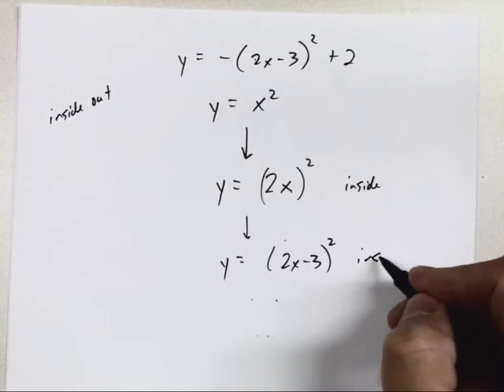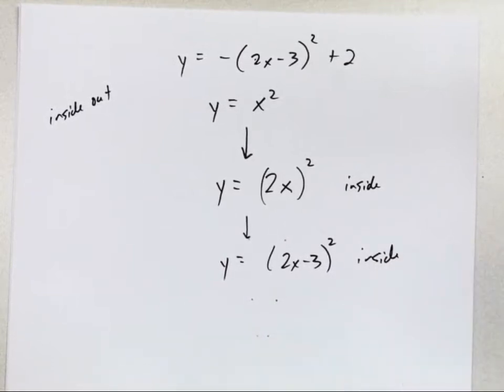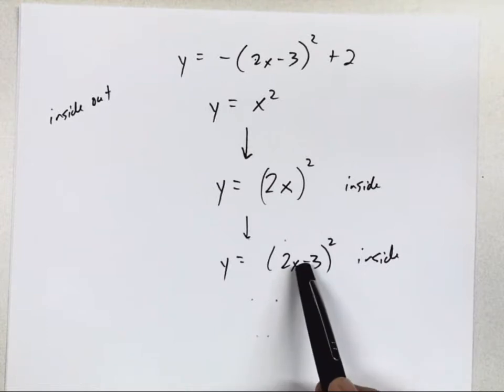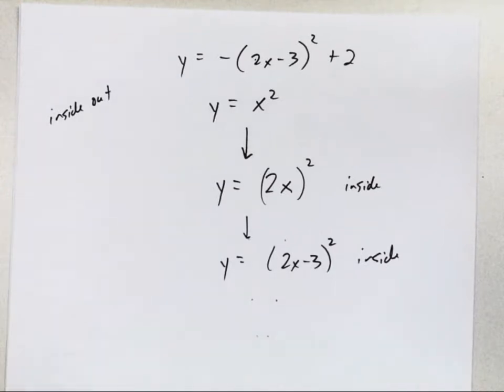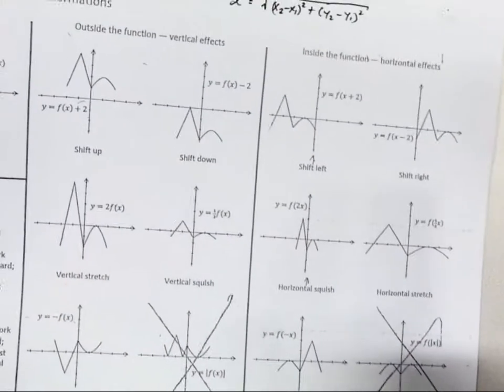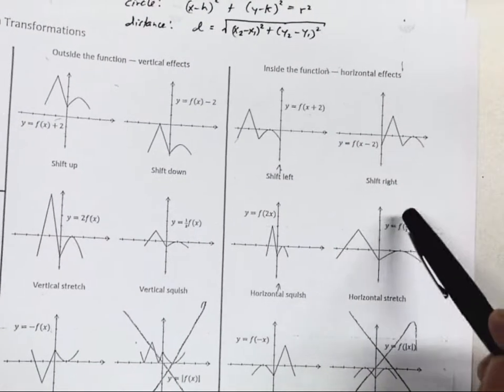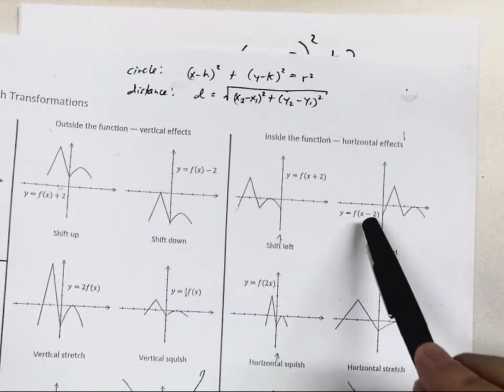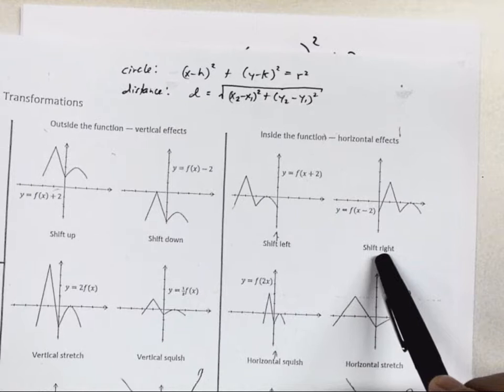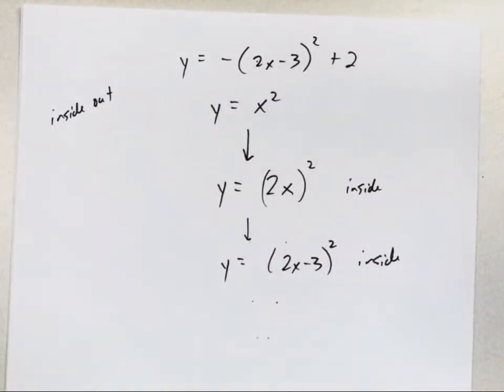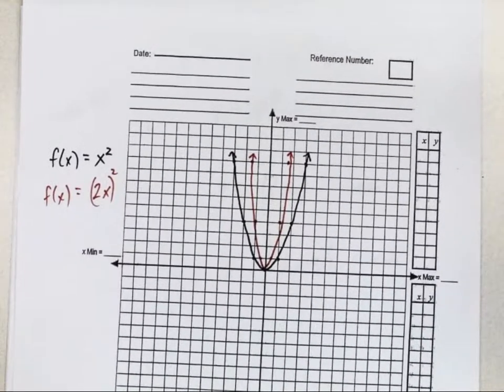So once again, this is an inside the function action, and I'm subtracting 3. So if I go to my cheat sheet, when you subtract a number inside the function, it's right here, it shifts it to the right. So I go back to my graph, and I'm going to shift it to the right by 3.